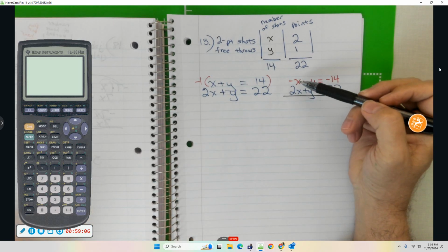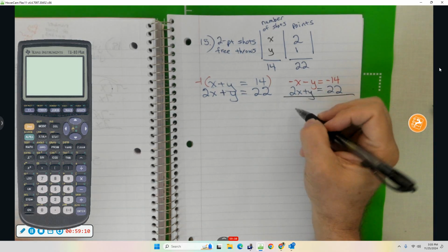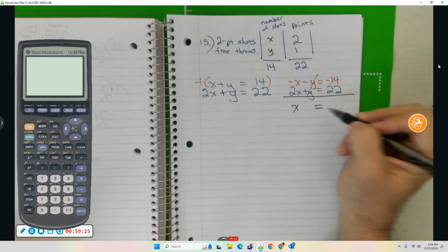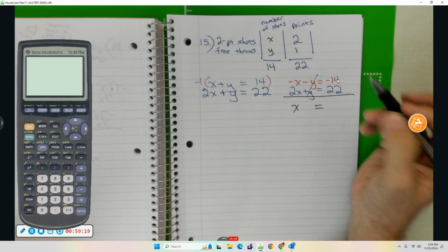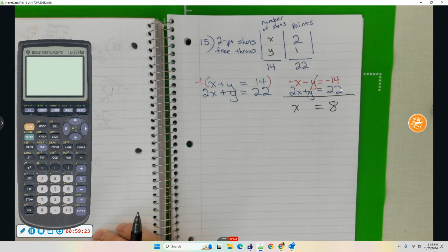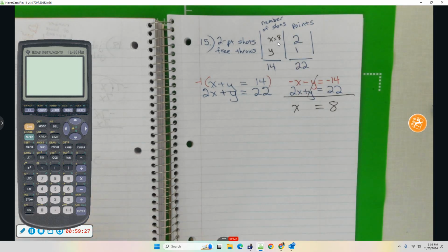Okay, so we have -1x plus 2x. That gives us 1x. The y's disappear. What are we going to get here? -14 plus 22 means that she made 8 2-point shots. So she made 8 2-point shots. Free throws, she's just standing still.